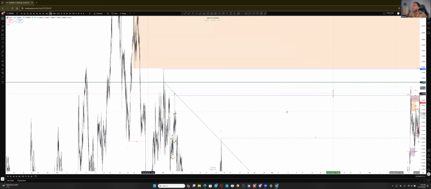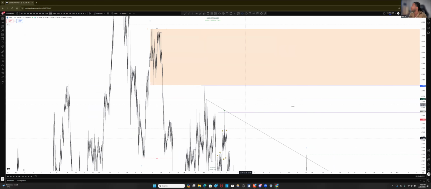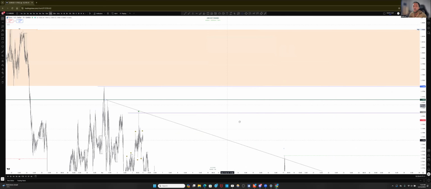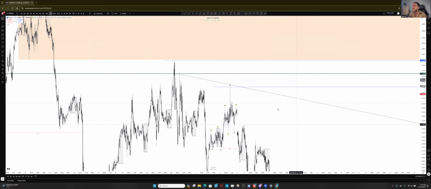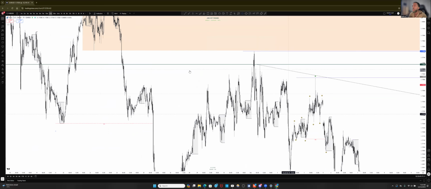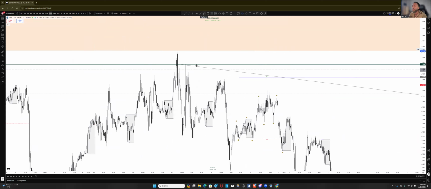So is this significant? Because on GU, we can see that it looks as if it's a medium inducement of that Asia. So on a 15-minute, it was a high. It was this high. I would say led to this low.